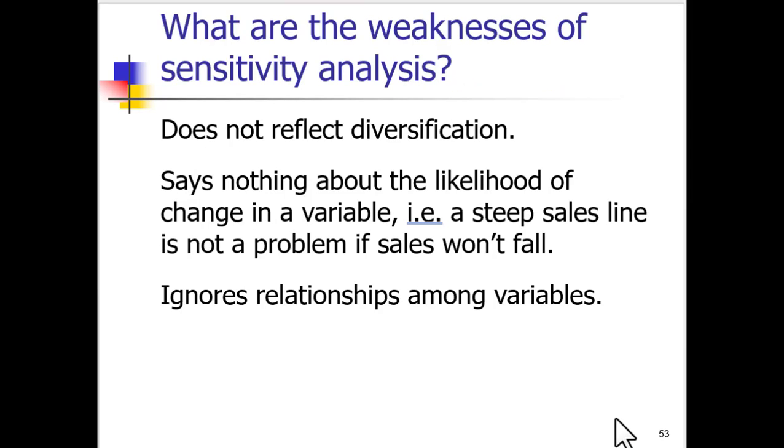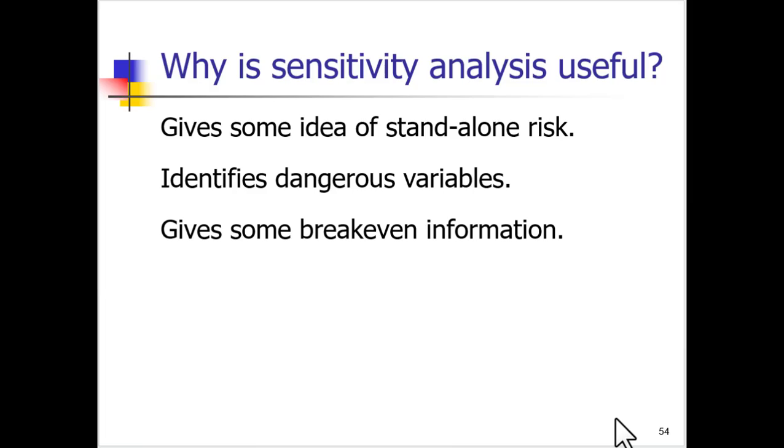So what are some weaknesses of this kind of analysis? It doesn't look at diversification, right? It doesn't say anything about the likelihood of changes. It just says these are the possible outcomes. What's the probability that any of them occur? It's not addressed in this technique. Why is this analysis so useful?